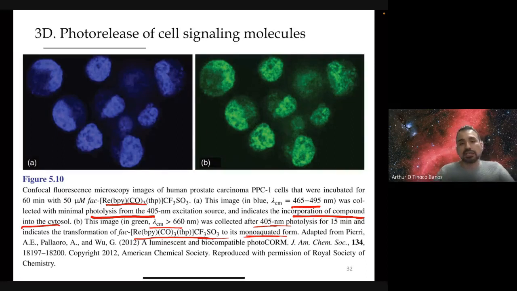So what that suggests is that after 15 minutes, you start to release the carbonyl in this controlled manner. And we see this in terms of the change of the fluorescent property of the compound in the cytosol environment from blue to this green feature.